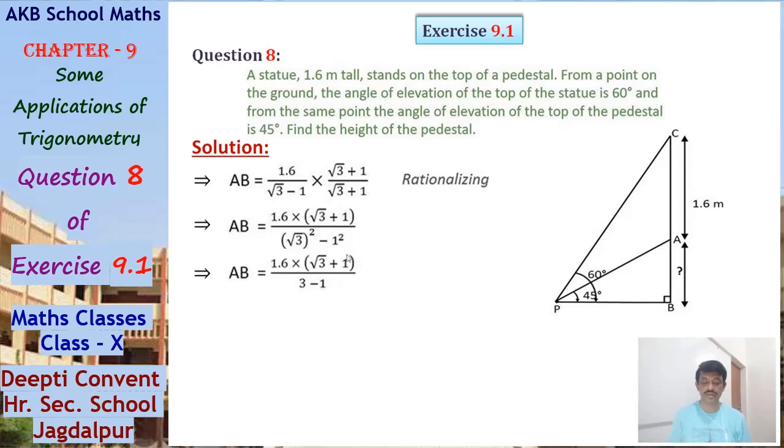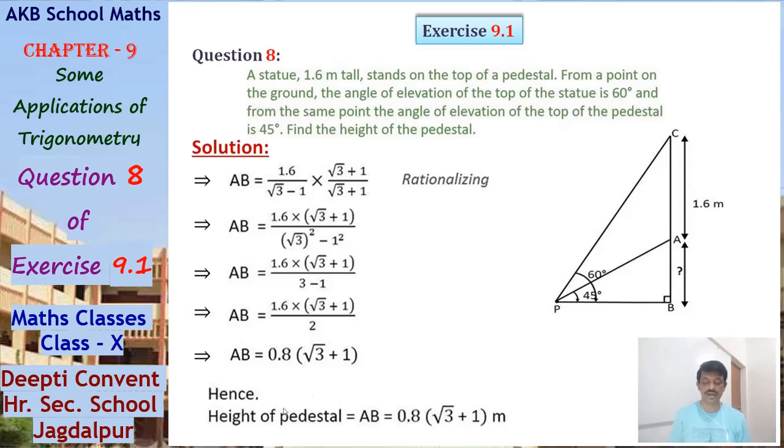The denominator is 3 minus 1, which is 2. 1.6 divided by 2 is 0.8. So the height of the pedestal AB equals 0.8 (root 3 plus 1) meters. Clear? So this is the solution of question 8 of exercise 9.1.